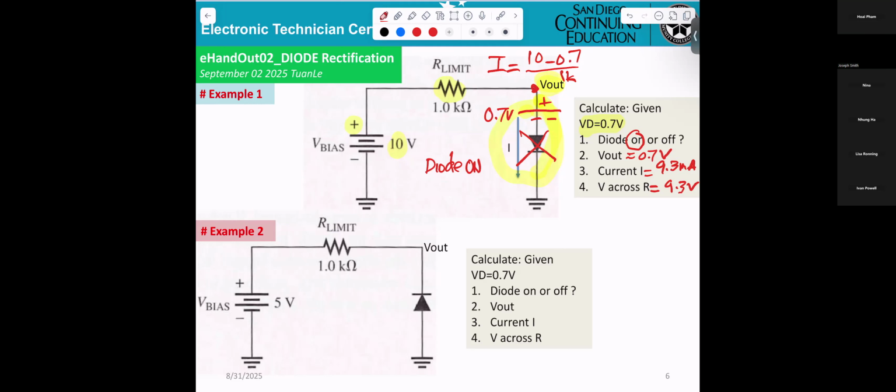First thing, without the diode, what is V out? V out is 5 volts. No diode.